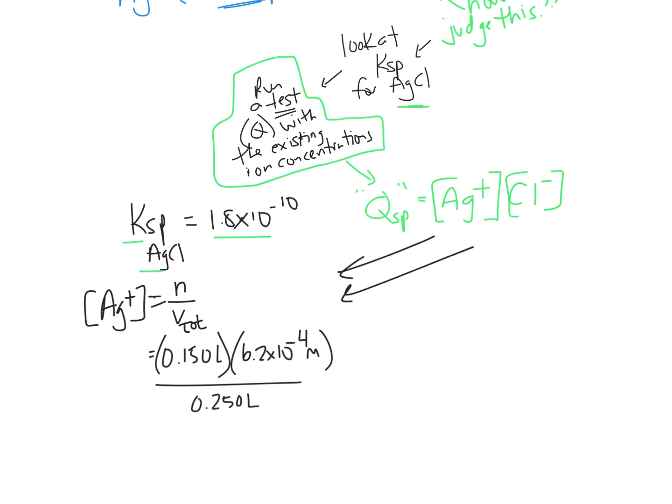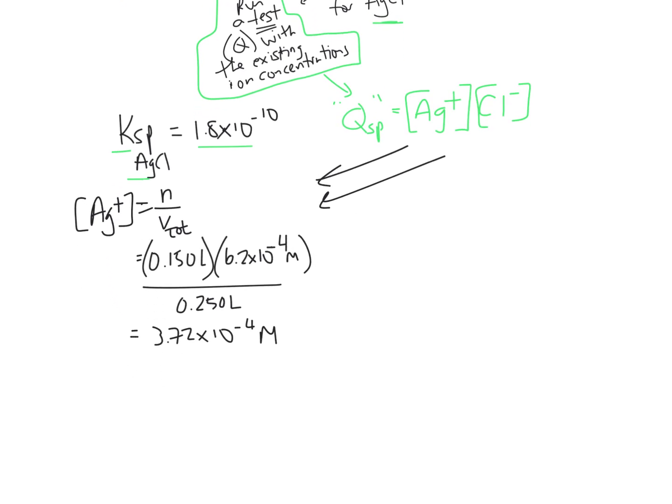So you do that processing and you get that it's going to be 3.72 times 10 to the minus 4 moles per liter for that ion. Then you're gonna put that into the QSP, but we also have to do chloride, so let's do chloride.